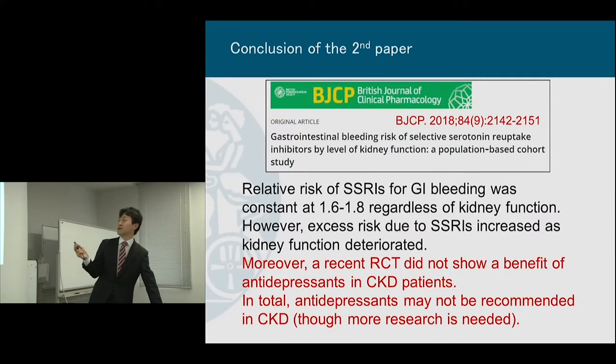So in terms of benefit-risk balance, it's worse in patients with lower kidney function. My conclusion was that a recent RCT didn't show any benefit. In total, antidepressants may not be recommended in CKD in terms of both risk and benefit balance, although I should say more research is always needed.